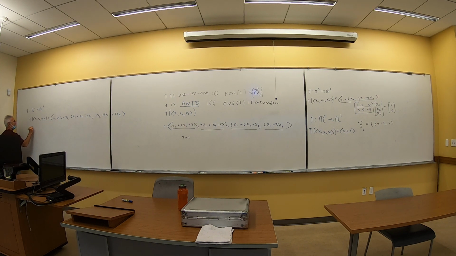Let's do a few questions. First question: find the image of v equals (4, -2, 6).